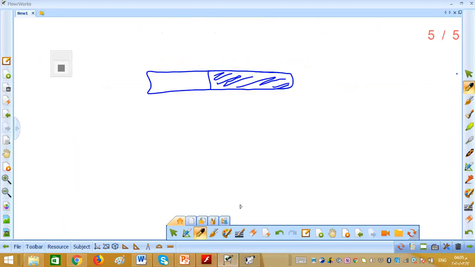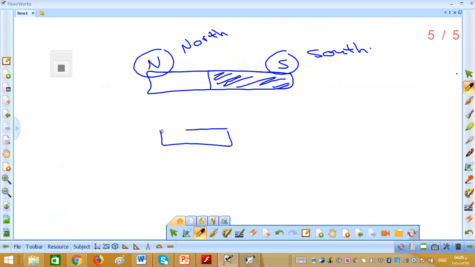And it includes two ends. These ends, we call them poles, N and S. N means north pole and S means south pole. And if we have like poles, N with N or S with S, they repel.